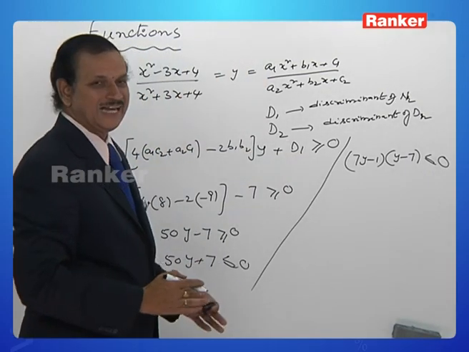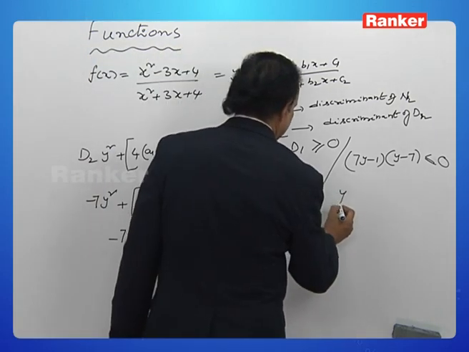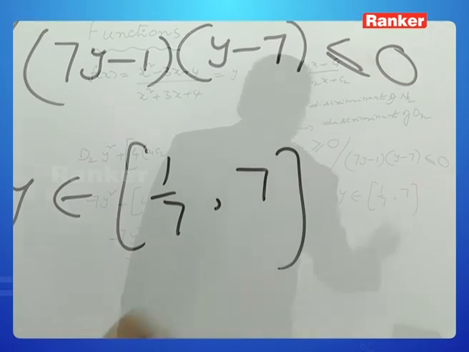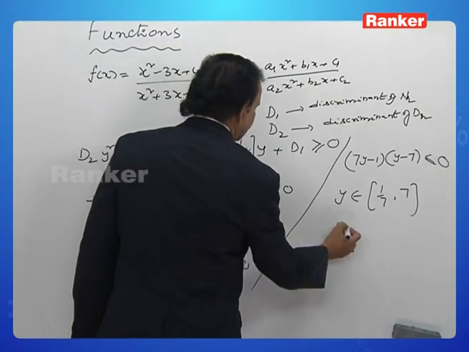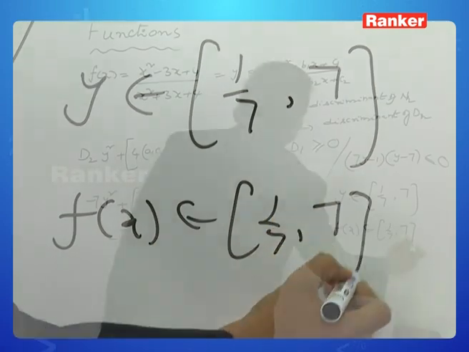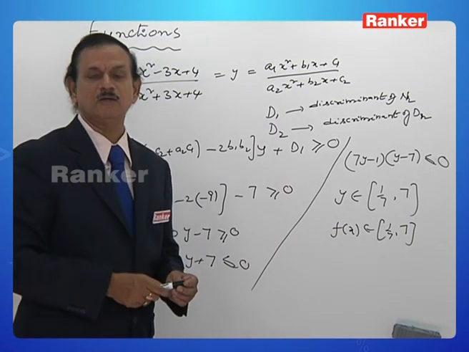It means that y lies between 1 by 7 and 7. What is y actually? F of x. So, f of x belongs to 1 by 7 and 7. What is the range of that expression? 1 by 7 to 7.